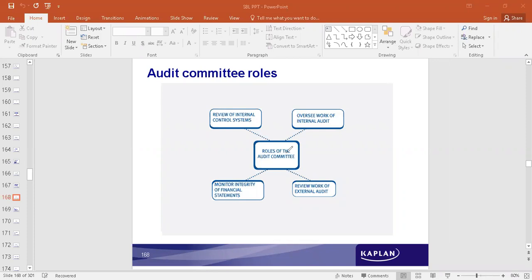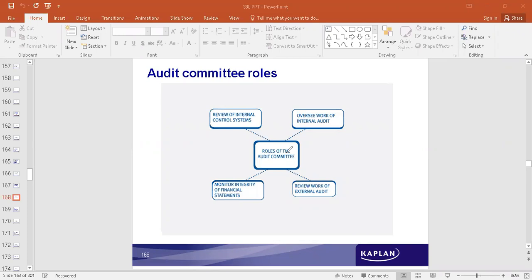Then monitor the integrity of financial statements. That's the second thing: verify the financial statements, and compare them with the evidence that is present. Then oversee the work of internal audit. What's internal audit?